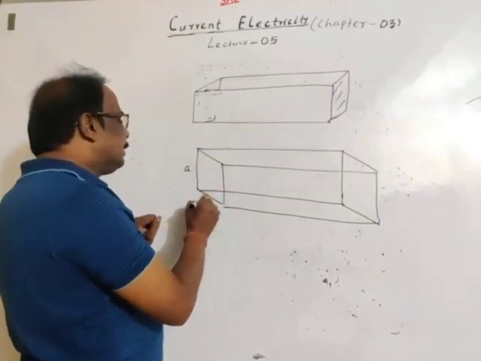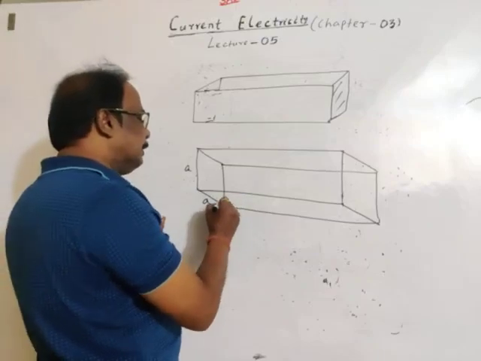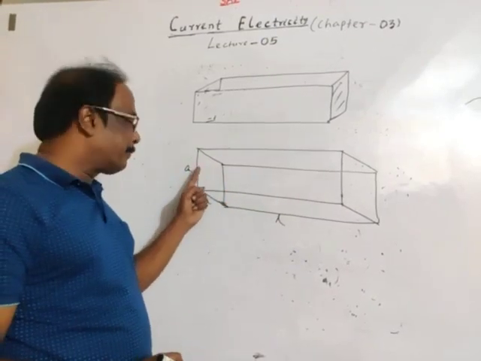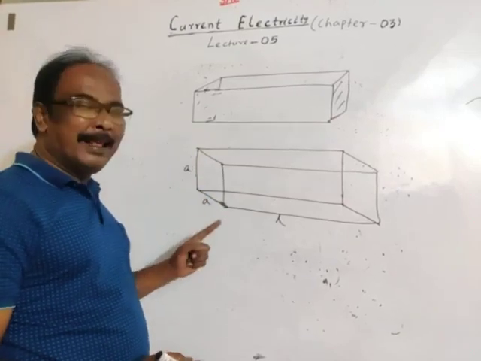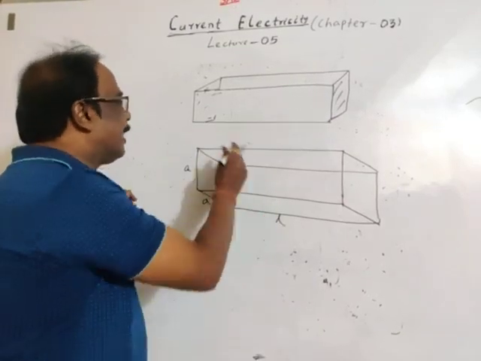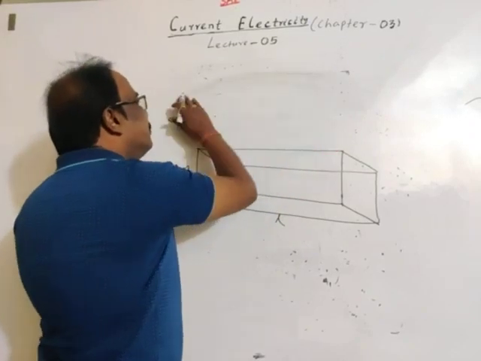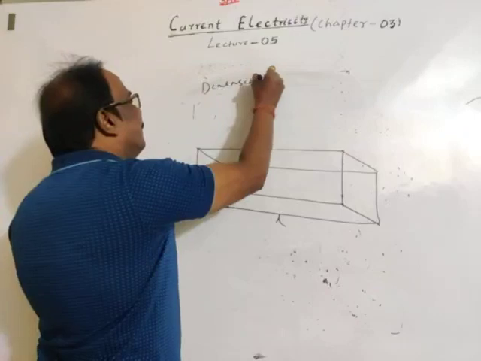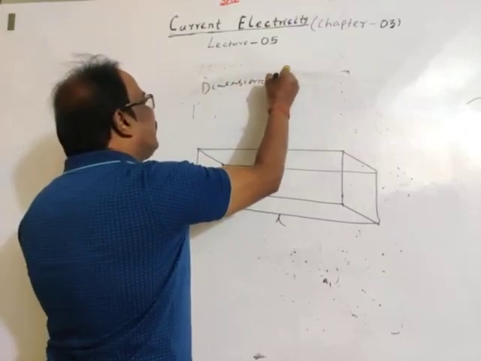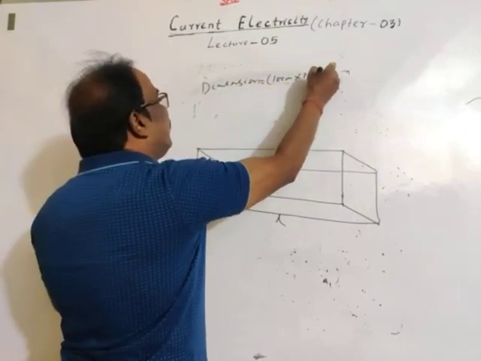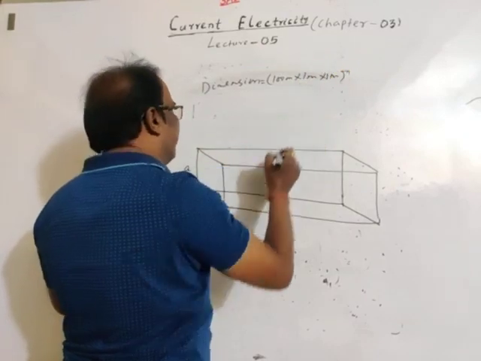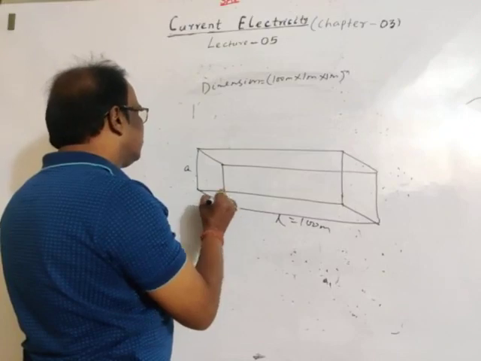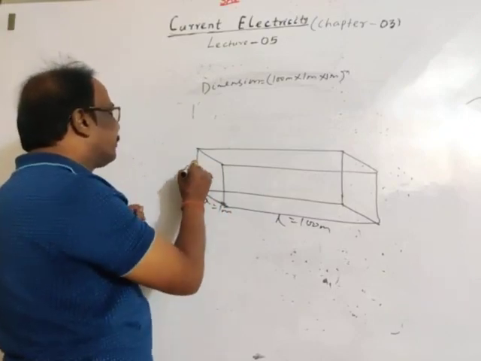This side is a, and this side is also a. Let's consider these two the same dimensions, or you may take any dimension, and the dimension is given as 100 meter into 1 meter into 1 meter. So this is 100 meter, this is 1 meter, and this is 1 meter.